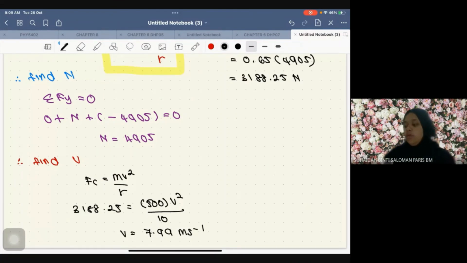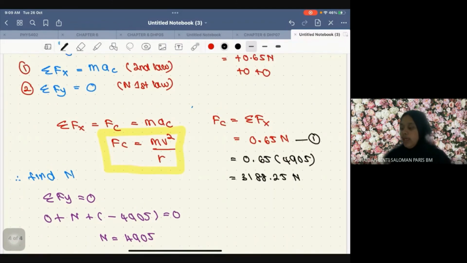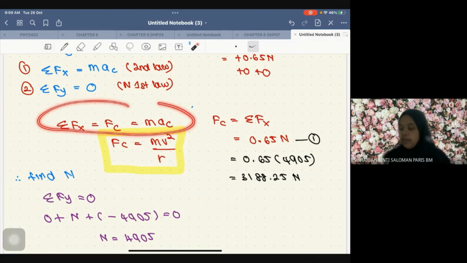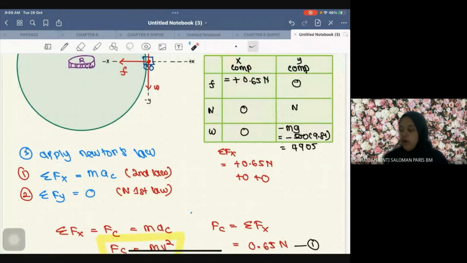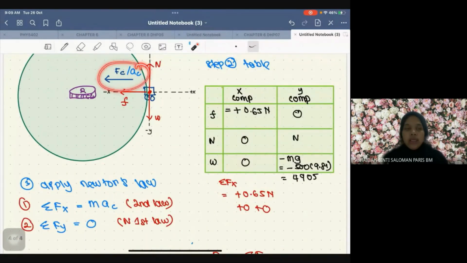Okay. So konsep kat sini yang paling penting adalah this one. You kena tahu summation Fx yang sama dengan FC. Summation Fy adalah kosong. And because FC only involve X components. Okay.